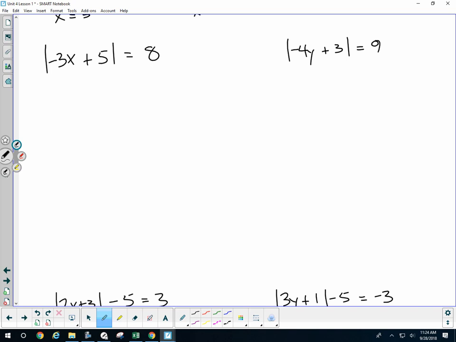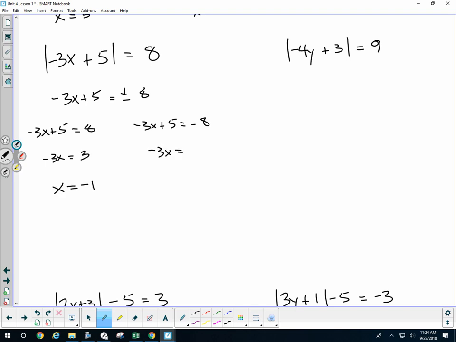Just leave it as a fraction. So protocol is to put them from least to greatest, but I don't care, as long as you get both correct solutions.